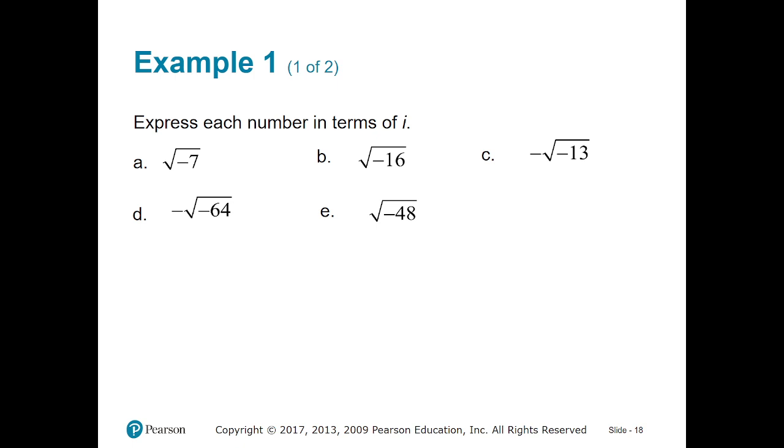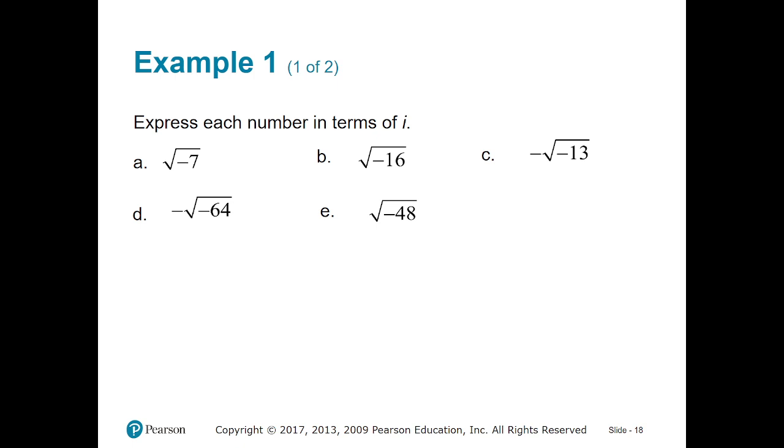So that means the square root of -48 is going to change into the square root of -1 times the square root of 48, or i times the square root of 48. But we just said that the square root of 48 can also be represented as the square root of 16 times the square root of 3.